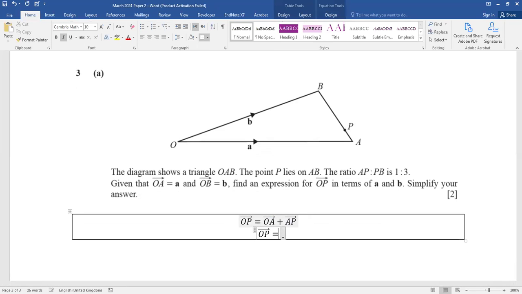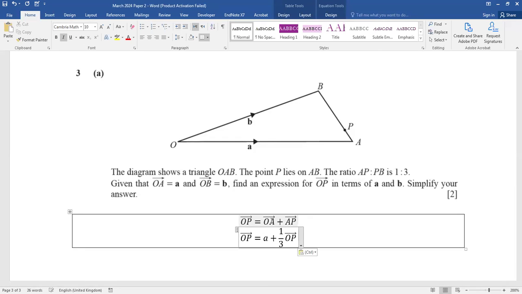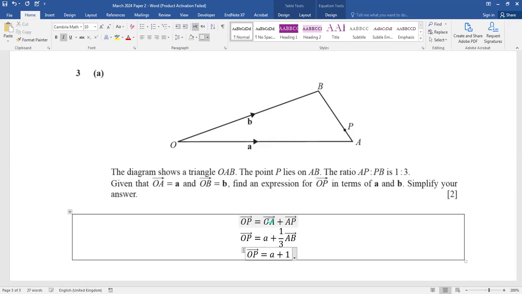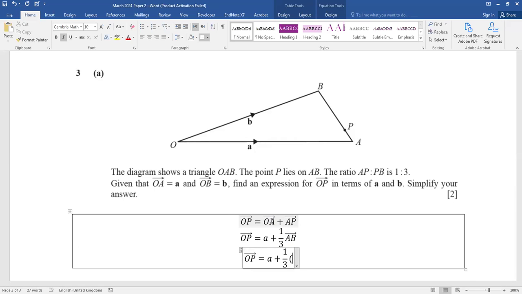I already know OA will be A and AP is 1/3 of AB. So I know OP is A, and in place of AB I can write AO plus OB.